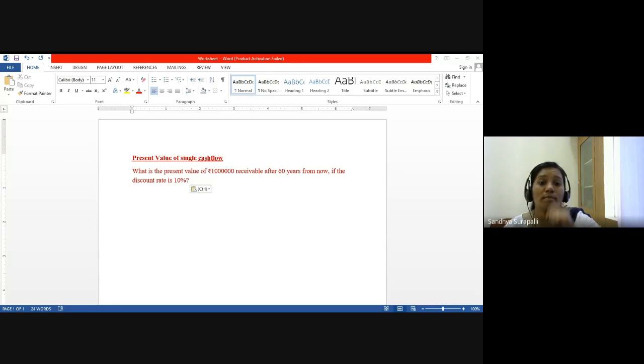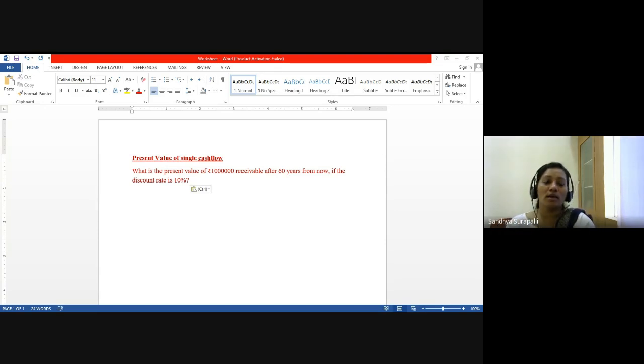What is the present value of 1 million, that is 10 lakhs rupees, receivable after 60 years from now if the discount rate is 10%?